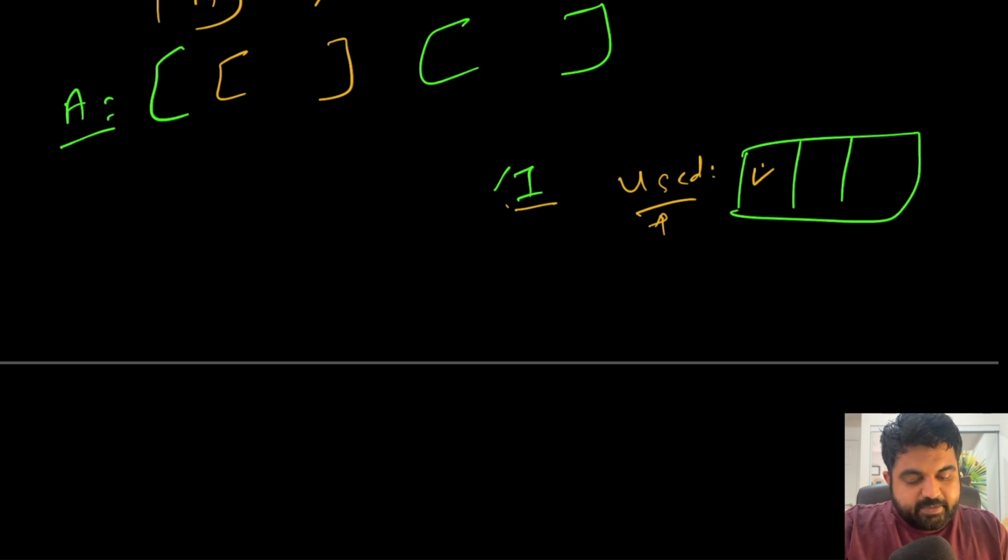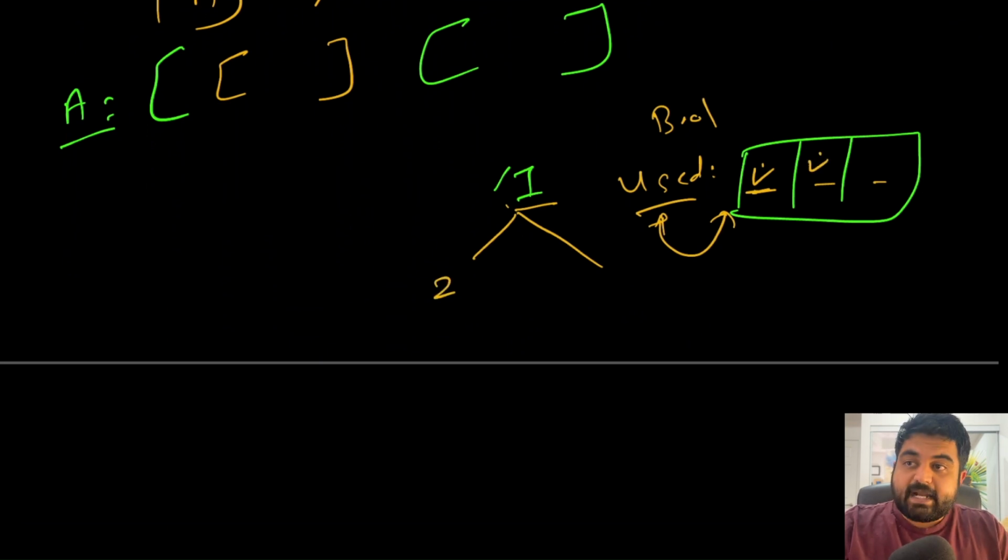So this would be my used array of boolean values, and currently I would mark this as true, which means I'm currently considering 1. Then I know through my used array that I only have 2 more possibilities left because this 1 has already been filled. So for the next element, I'm going to consider the value 2, and I'm going to mark this value 2 as being used.